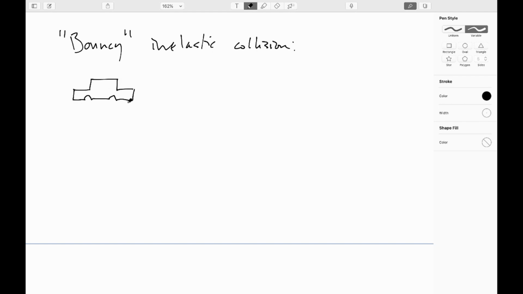So again, let's have our same two cars collide. So this is M1, it's still 500 kilograms. And we'll say V1 initial is 200 meters per second to the right. Here's car number 2.